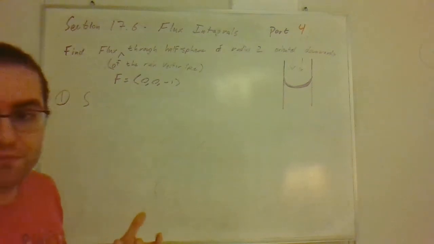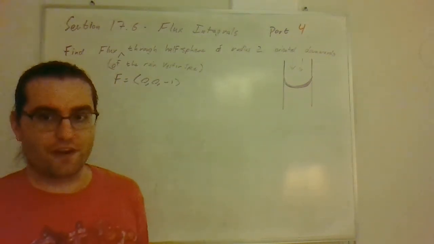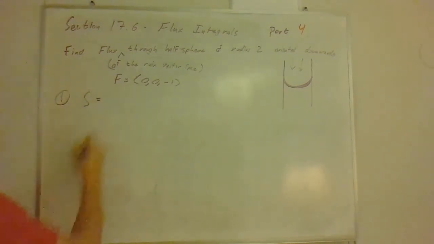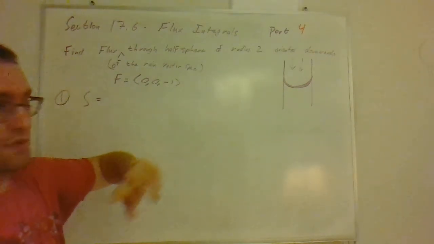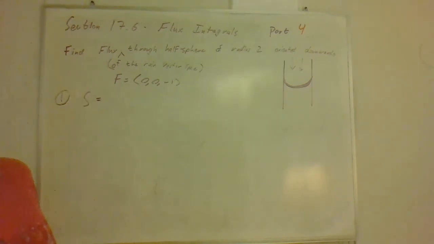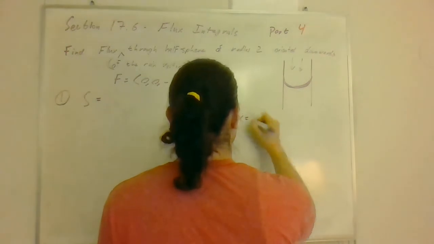Just like when we parameterized the cylinder in the last example, and we leaned very heavily on our knowledge of cylindrical coordinates, here we're going to do the same thing. If we want to parameterize a sphere of radius 2, we need to rely very heavily on our knowledge of spherical coordinates. In spherical coordinates, we had these relationships.